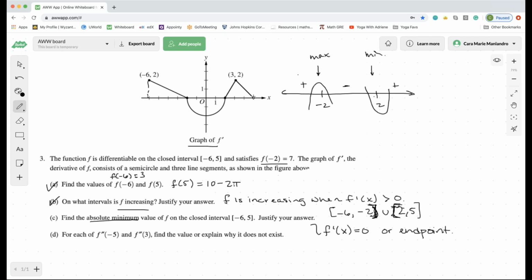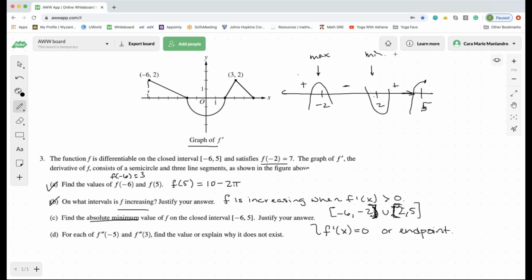So I can include 5, but it's an endpoint, so we would want to check it anyway. I don't have enough information to be able to say, but yes, we would want to check the endpoint. So it is 0 there. But if anything, it would be a maximum because my derivative is increasing.